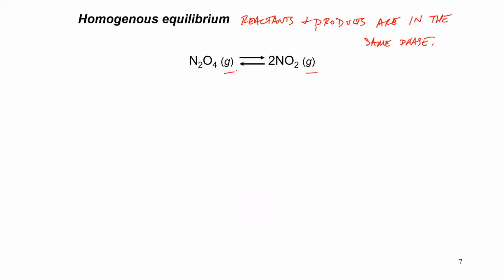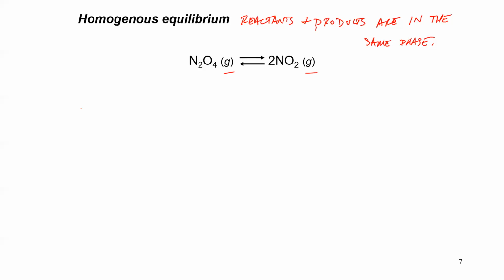It could be gas phase, like this example. It could be that they're all dissolved in water, so they're all aqueous. That's a very common one. It could be that they're all solids, and we have some kind of odd solid reaction going on. But in any case, it's a homogeneous equilibrium because they're all in the same phase.